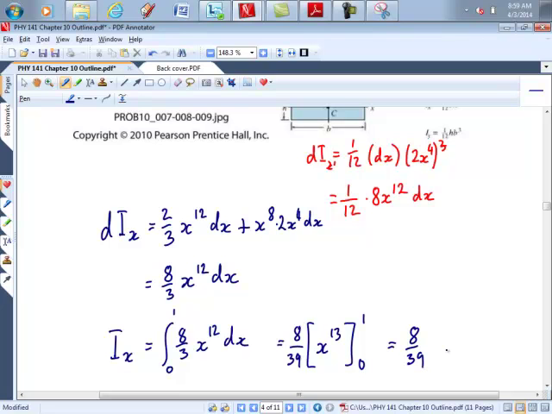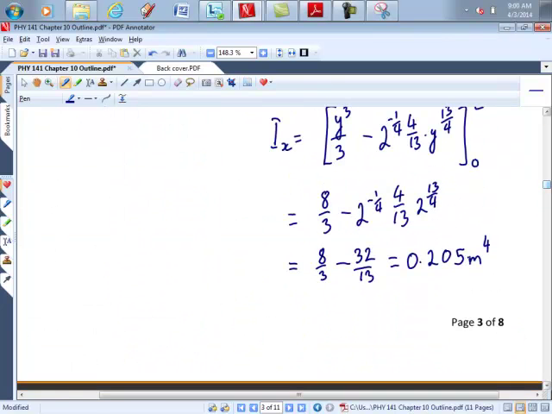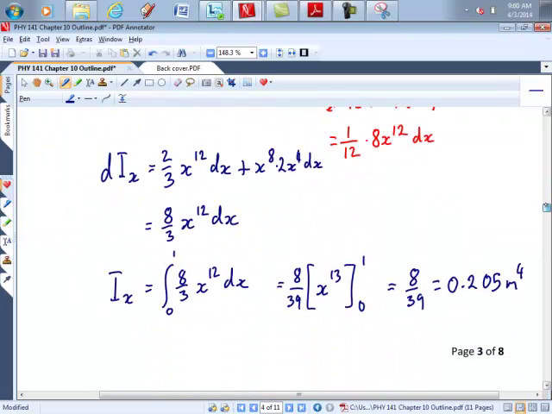And 8/39 is exactly 0.205, or approximately, if this is rounded to 3 sig figs. It's exactly the same as the answer we got before. Right? 0.205, 0.205.